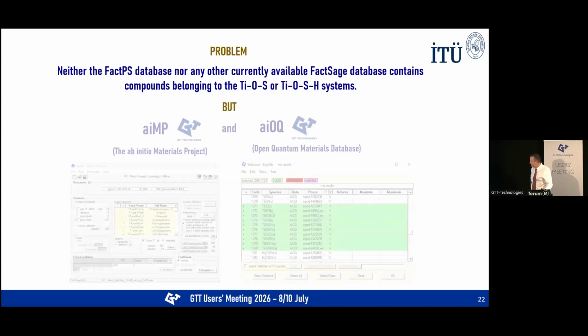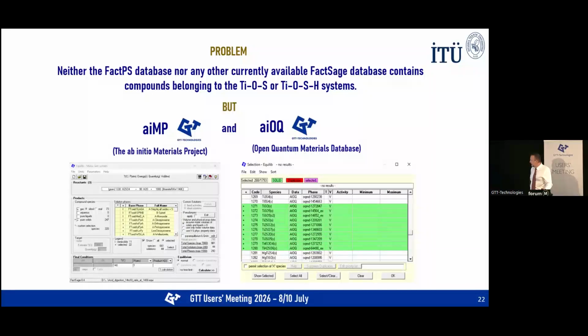But AIMP and AIOQ by GTT-Technologies, these databases taken from the Ab initio Materials Project as well as the Open Quantum Materials Database, are recently introduced databases that include these compounds. By adding one or both databases into calculations, we were able to model digestion and thermal decomposition reactions much more realistically.